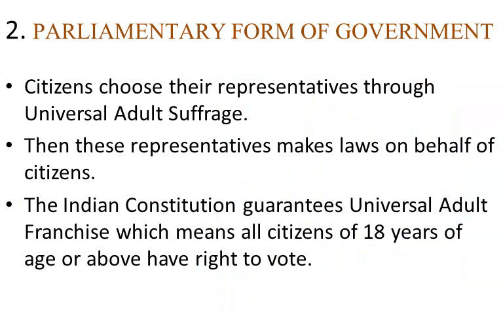Next we have the parliamentary form of government. In the parliamentary form of government, citizens choose their representatives through universal adult suffrage. Then these representatives make laws on behalf of citizens. The Indian Constitution guarantees universal adult franchise, which means all citizens of 18 years of age or above have the right to vote. So why was this right to vote given to everyone?